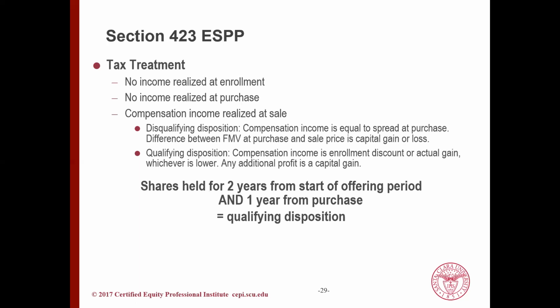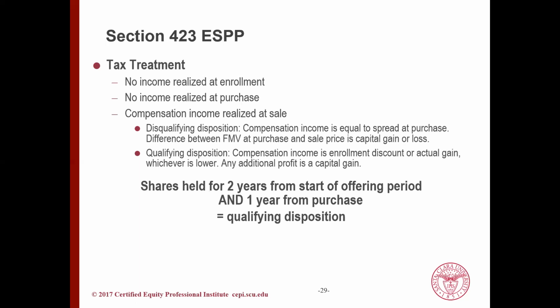The tax treatment of disqualifying and qualifying dispositions is a little tricky though. In a disqualifying disposition, the compensation income that is reportable on the W-2 is the spread at purchase.